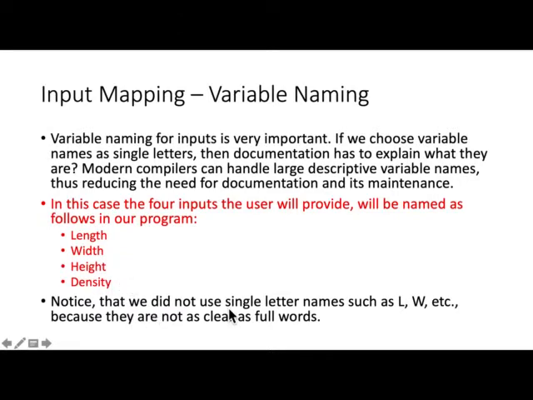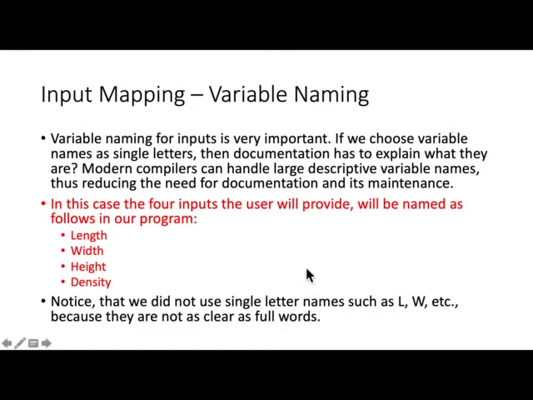Notice that we did not use single letter names such as L, W, etc. because they're not as clear as full words. By the word length, I know it is the length of the cuboid. I don't need to write documentation to explain what that is. If I use the letter L, then that's less clear, and I have to have documentation to explain that it's the length of the cuboid.